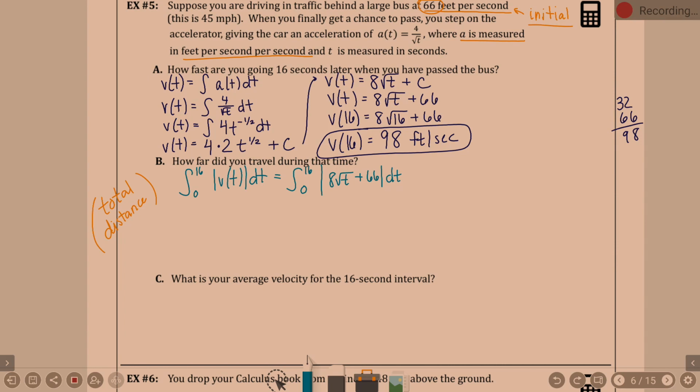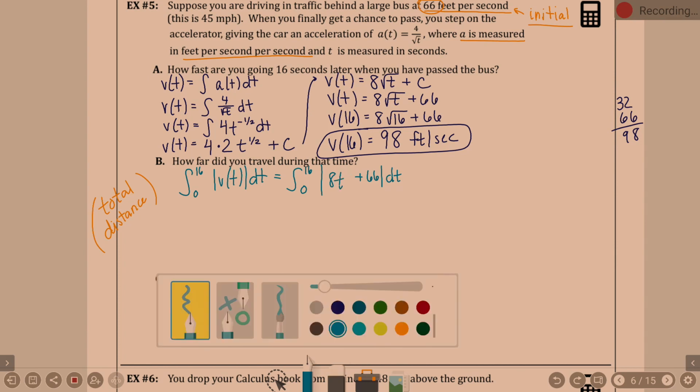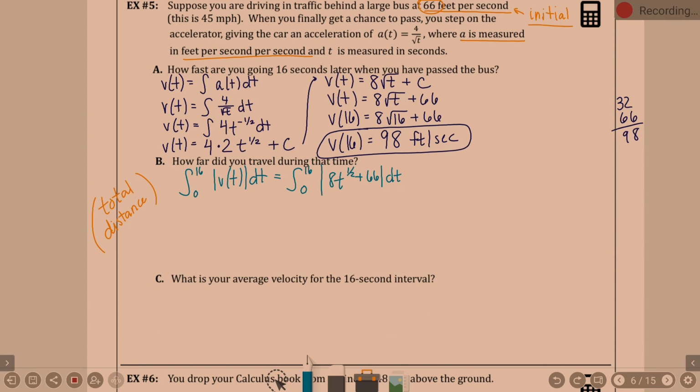Actually, I wrote square root of t. What should I really have written to get ready for something? I'm going to change my square root of t to t to the 1/2. Now, we're saying absolute value. Think about this graph. What does a square root graph look like?